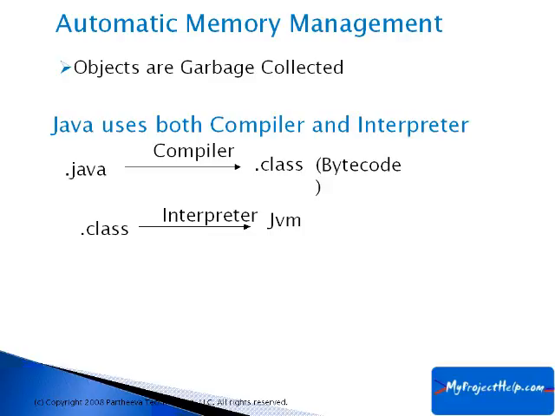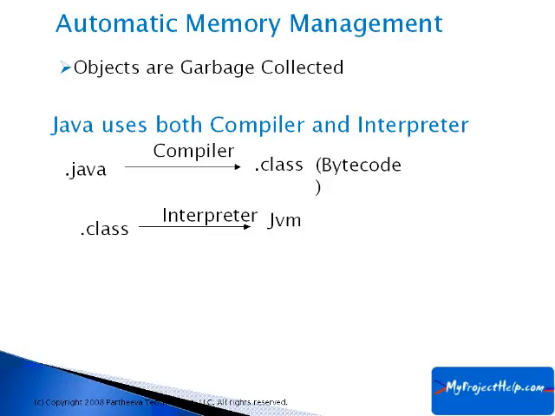That .java file has to be compiled to see if there are any errors. The job of the compiler is to convert the source code into bytecode, which is called a .class file. So a .java source file will be converted to a .class file.